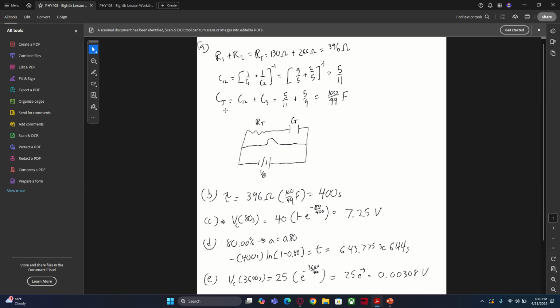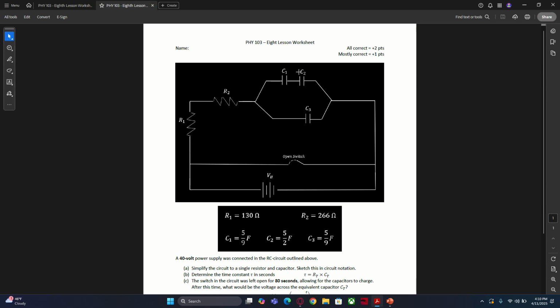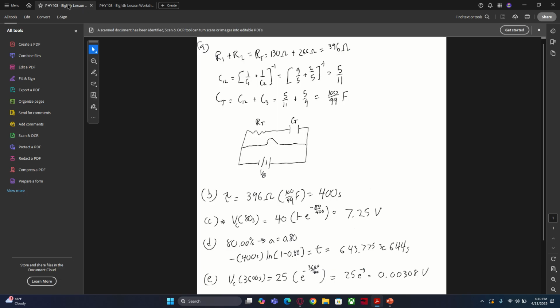And then CT would be C12 plus C3, because now our simplified capacitor C12 is along one path and C3 is on a parallel path. So now we can simplify those using our addition formula for capacitors, where CT equals C12 plus C3.